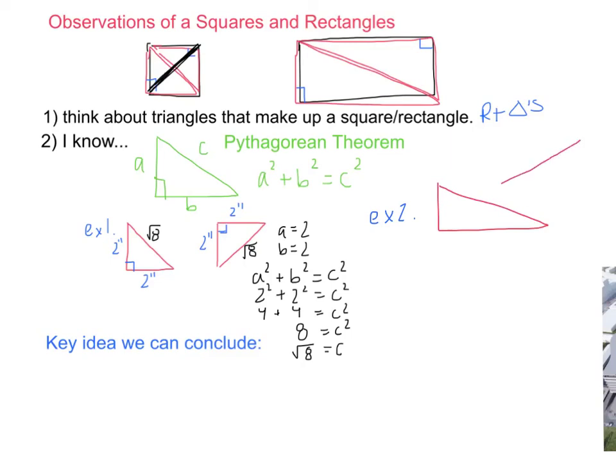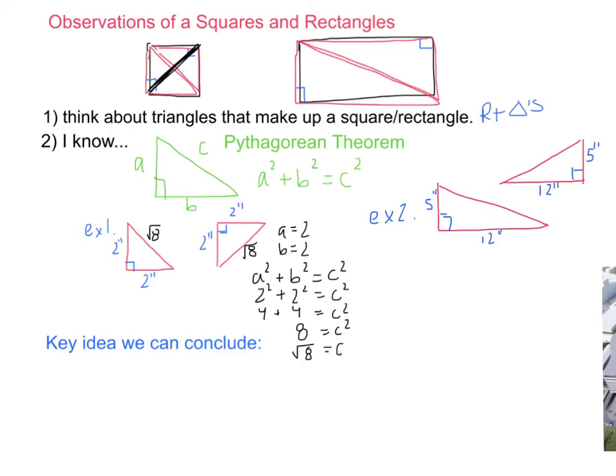So it would look like this. In both cases, no matter how I cut it, I would have a right triangle. So we're going to assume that this is 5 inches and this is 12 inches. And if I cut it the opposite way, the base would still be 12 inches and the height would still be 5 inches.